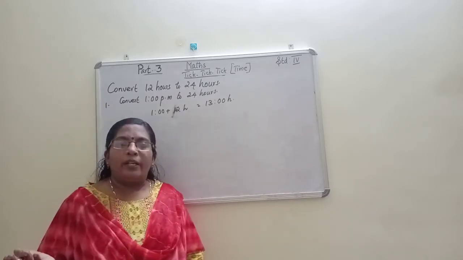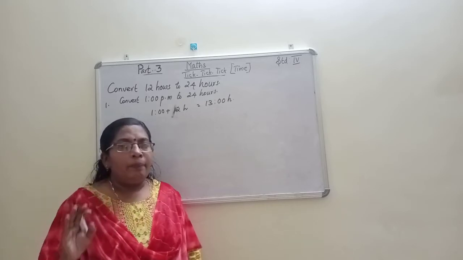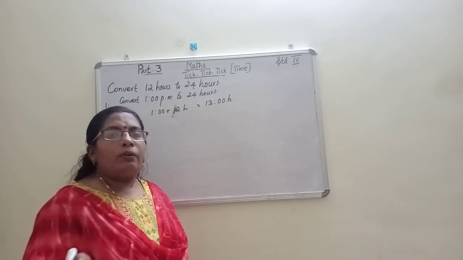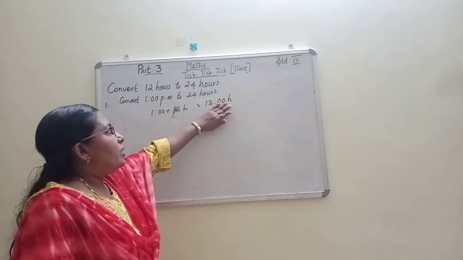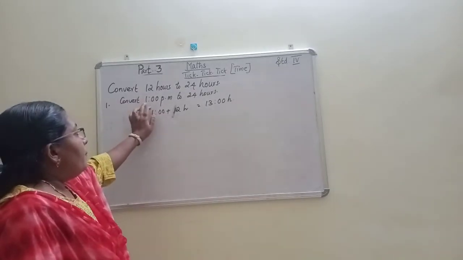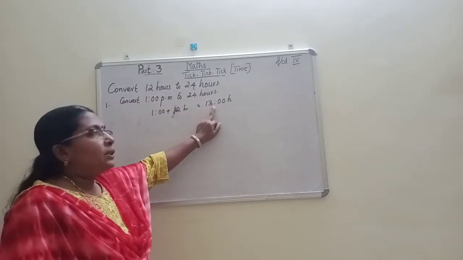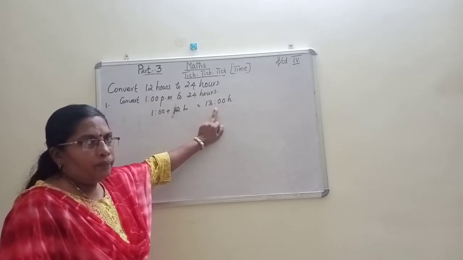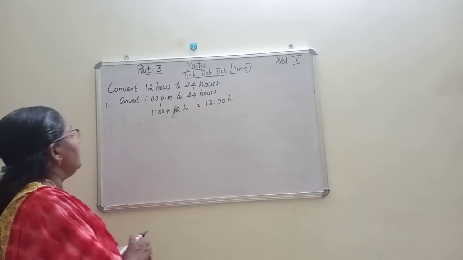We don't want to mention AM and PM when converting 12 hours to 24 hours. 1 PM is equal to 13 hours in a 24-hour clock. Understand?